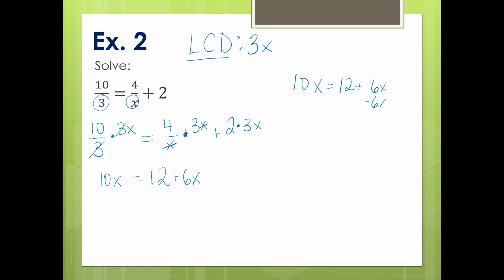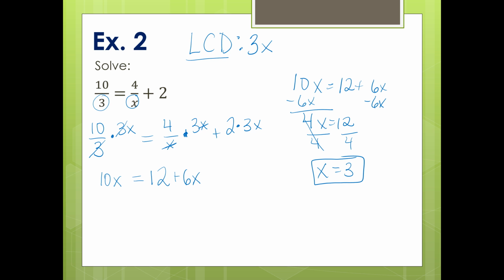We subtract the 6x from both sides. We get 4x equals 12, divided by 4 over 4, x equals 3. So x equals 3, and this one does not say check.